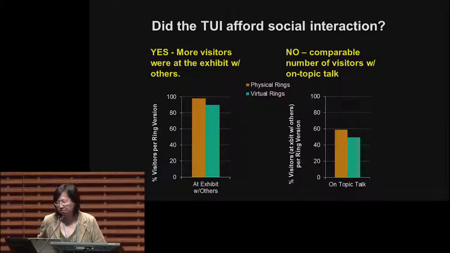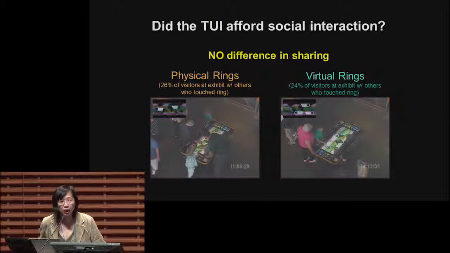So what about sharing of rings? This was a little surprising to us. In both situations, about a quarter of the visitors shared, like they used the ring together and talked about what they were seeing with one ring together. But for the most part, they were engaging in parallel play more than collaborative play.